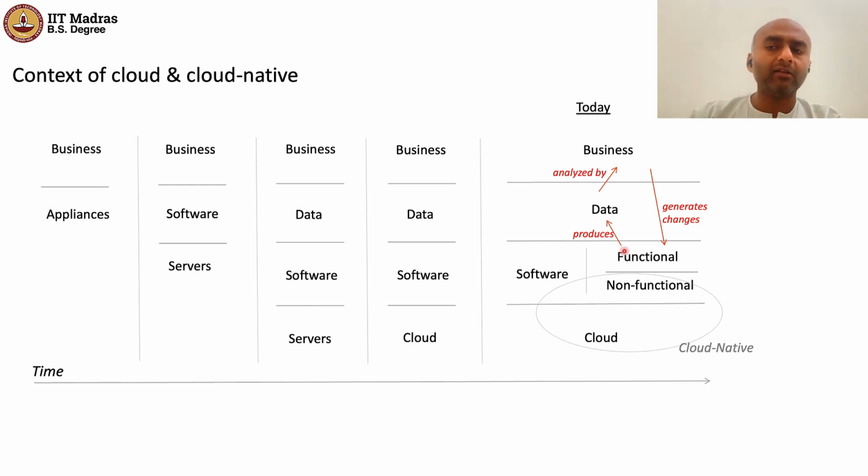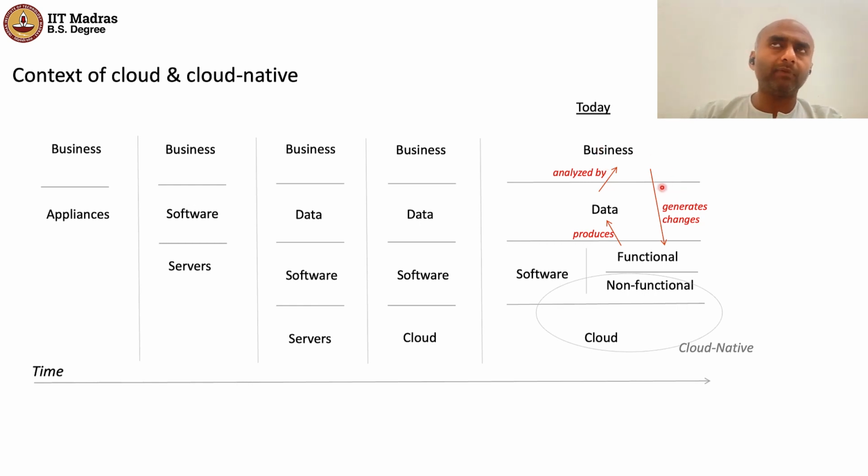So basically my software is producing data about tickets, and that data is getting analyzed by my business, and the business comes back and says, yeah, it's Diwali time, it's New Year time, I'm going to change the way that discounts are operating. So I'm going to make discounts very specific to individual regions. So for urban population, I'm not going to give discounts. For rural population, I'm going to give discounts.